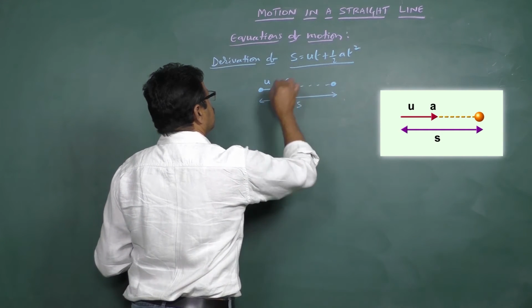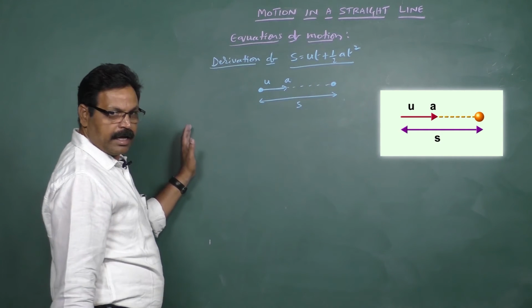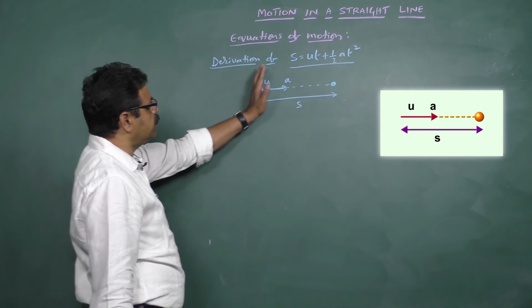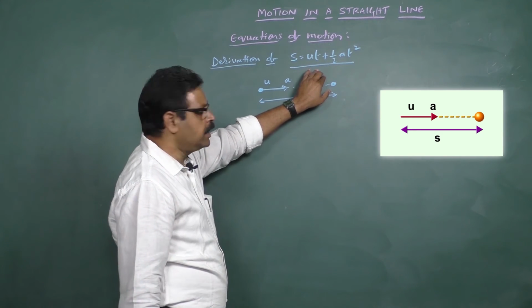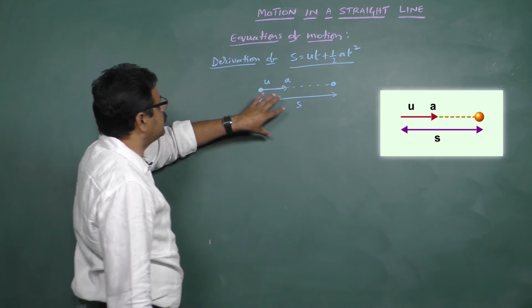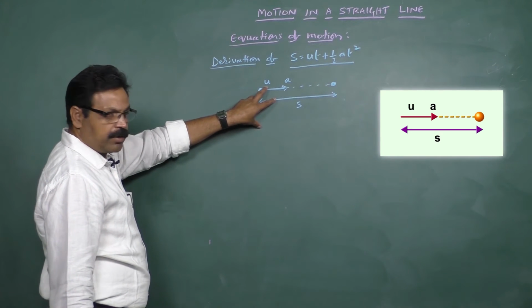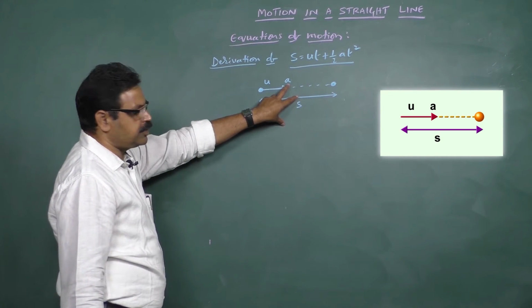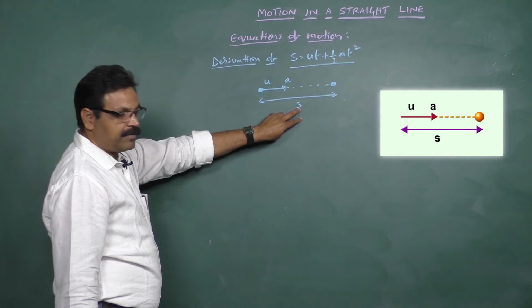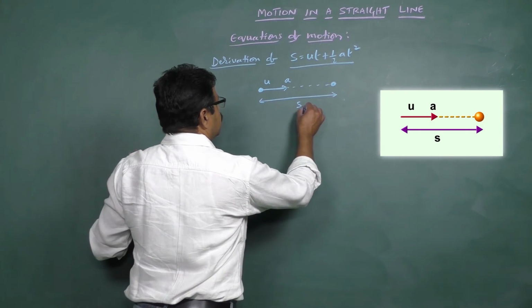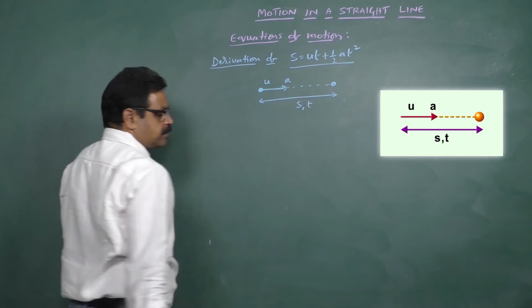The acceleration a is constant, because these equations are valid only for constant acceleration. So the parameters given are initial velocity u, constant acceleration a, and the distance traveled s in time t.